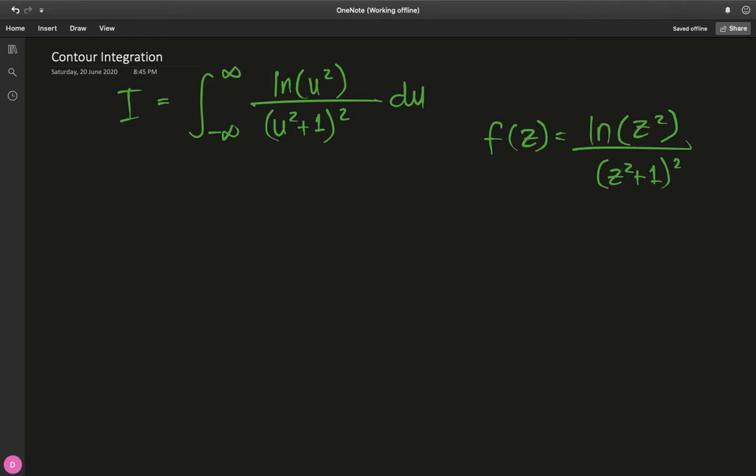That's f of z. So what we have here, the complex version of this, is basically the integral from minus infinity to infinity of f of z dz.